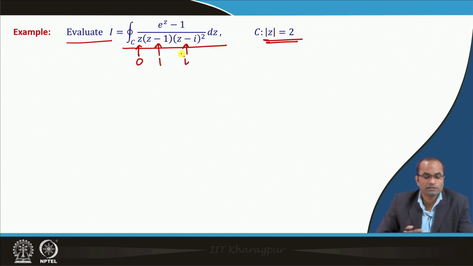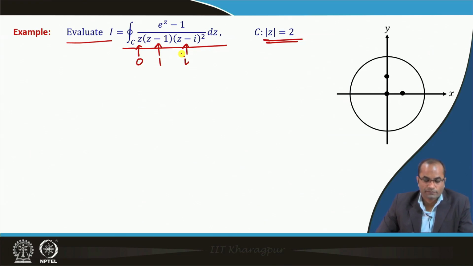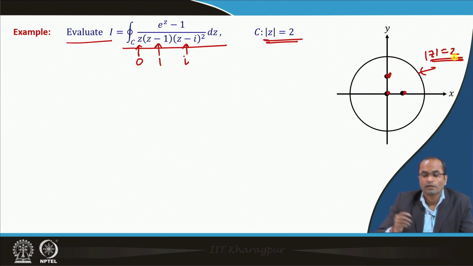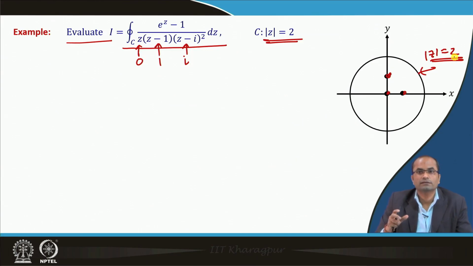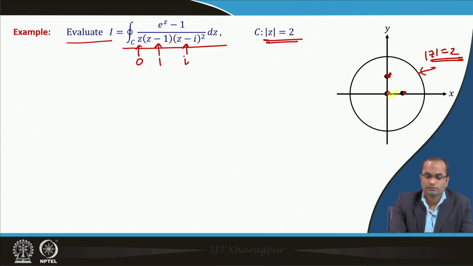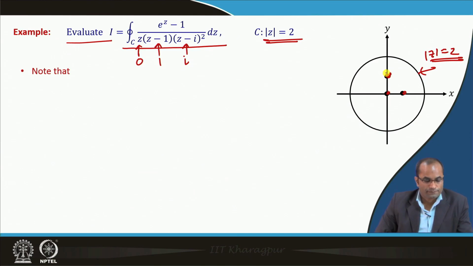So, these are the 3 singular points of this integrand: 0, 1 and i. Here is 0, then we have 1 and then we have i, and this is the circle mod z equal to 2. In this case all these singular points are lying inside this circle. So, we have to apply the residue theorem, meaning we have to compute the residue at all these 3 points, because all are lying inside the circle.